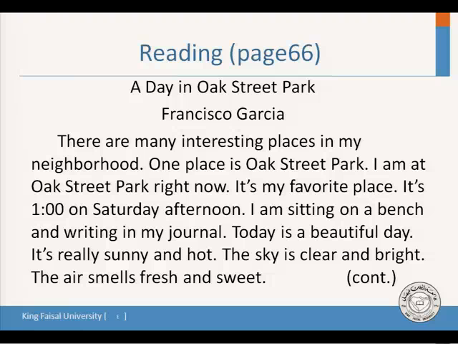I am sitting on a bench and writing in my journal. I'm sitting and writing. Today is a beautiful day. It's really sunny and hot. The sky is clear and bright. The air smells fresh and sweet.